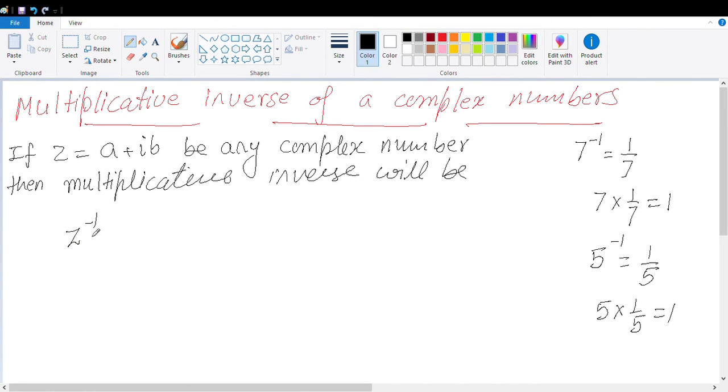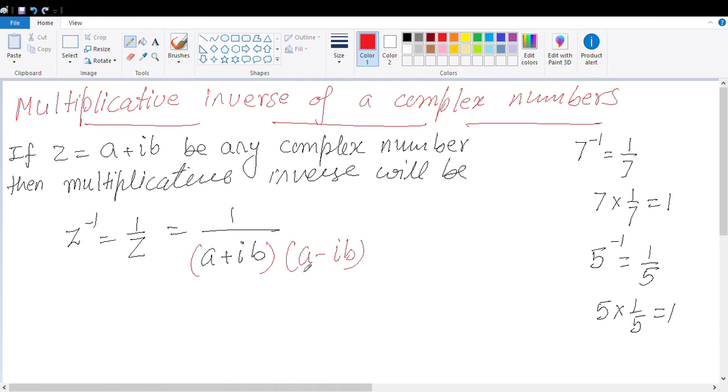We write z to the power minus 1, means z inverse is equal to 1 upon z, that is 1 upon a plus ib. Now remember one thing here, that whenever you see i in the denominator, then you multiply numerator and denominator by the conjugate of the denominator. The denominator is a plus ib, so its conjugate will be a minus ib.